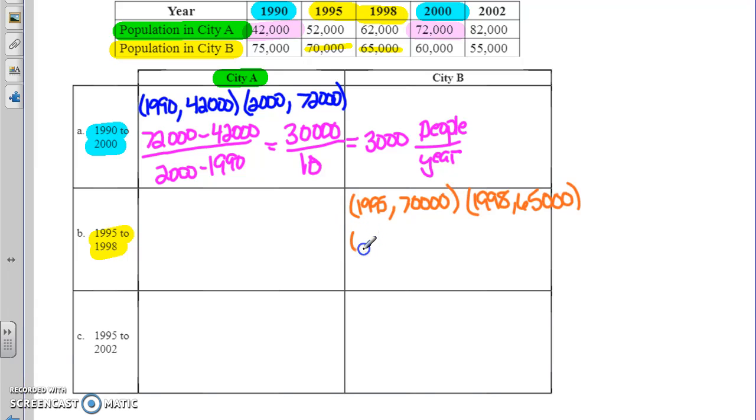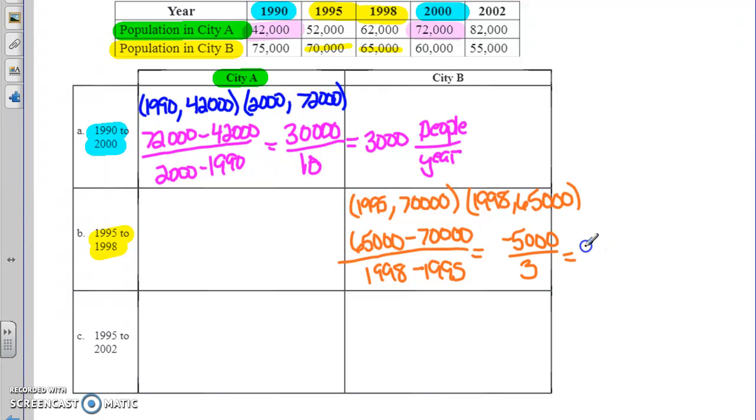Okay, and then the formula: 65,000 minus 70,000 over 1998 minus 1995. That gets me negative 5,000 over 3, which is negative 1,666.7 people per year. What this represents is that it was declining. The population was decreasing.